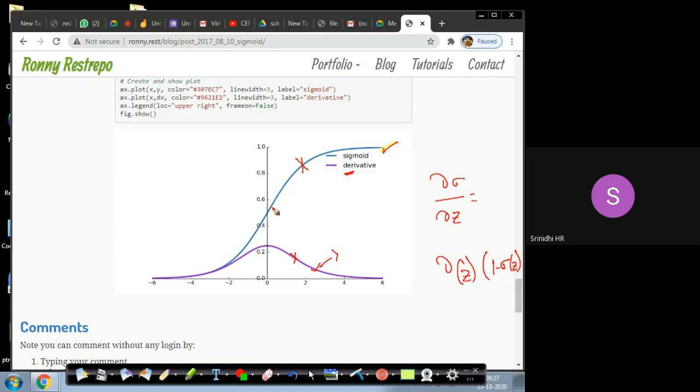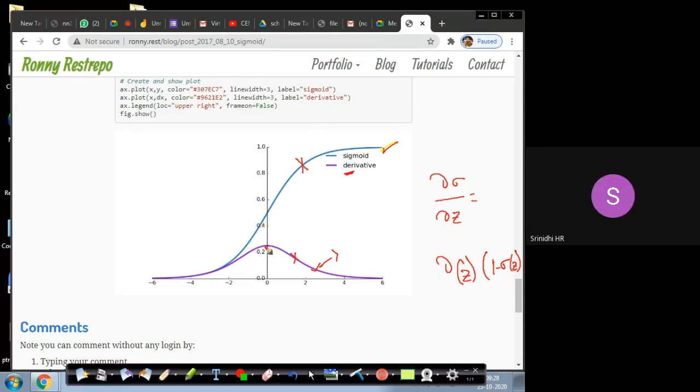Can you briefly say what the difference is between this curve and that curve after applying the derivative to the sigmoid? Threshold. Yes, is my threshold value decreasing or increasing? Increasing, moving upwards.